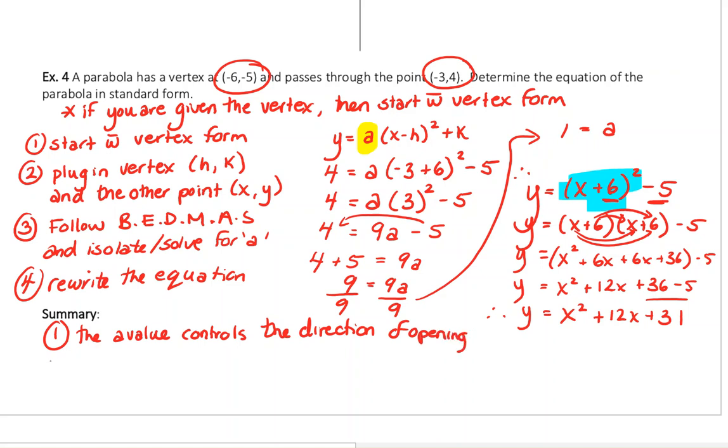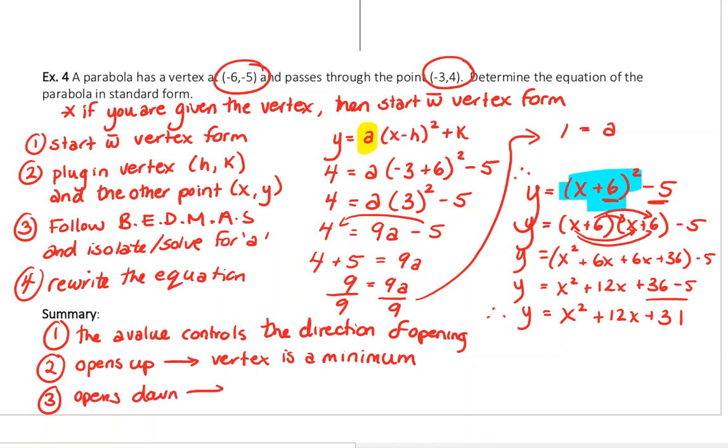And if it opens up, then your vertex is a minimum. If it opens down, your vertex is a maximum.